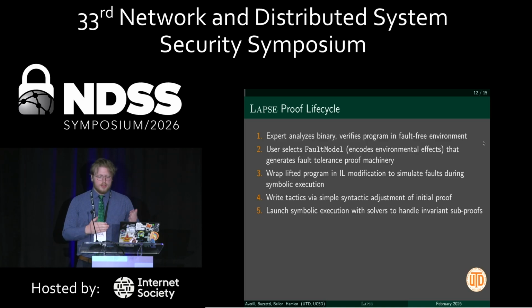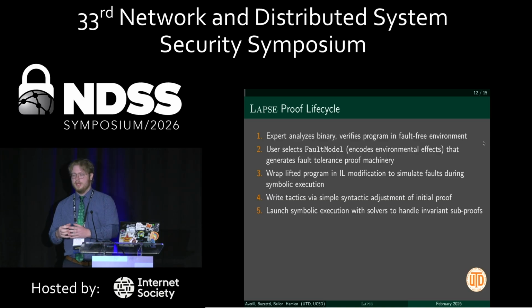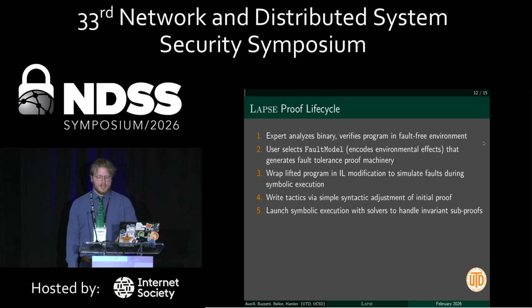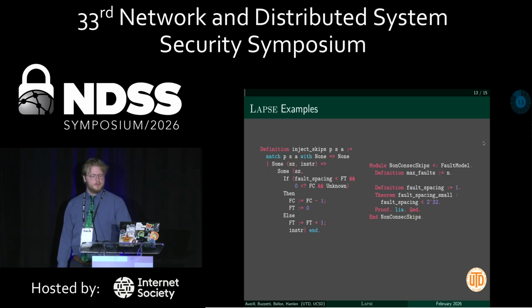So the idea here is that once you've written your initial correctness proof, generating a fault-tolerant proof is essentially automatic, as long as you can copy and paste the tactics that you use to write your initial proof.